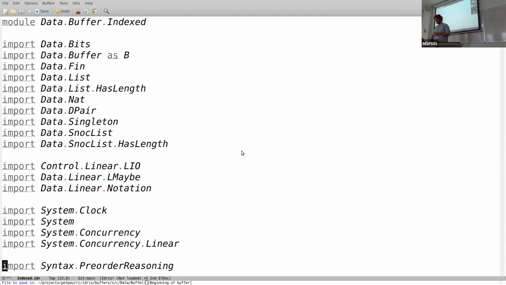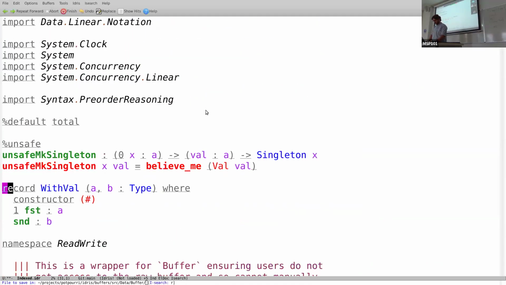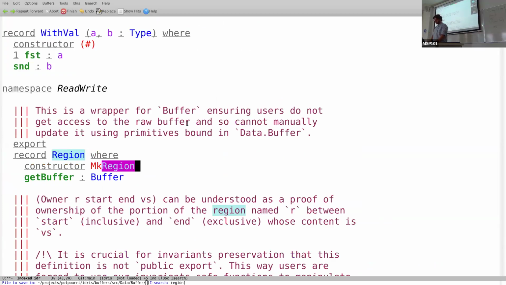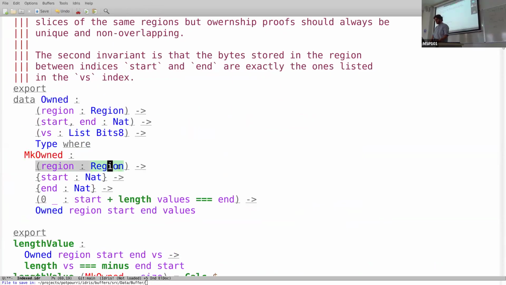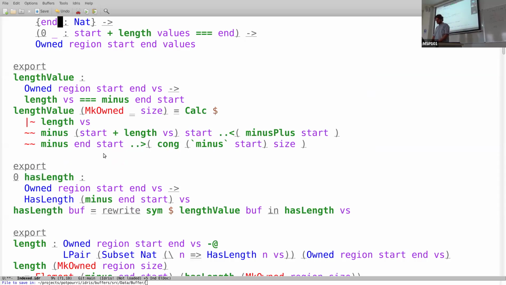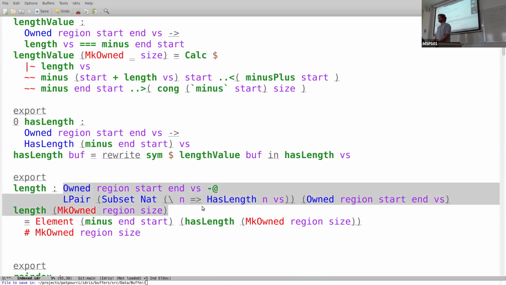Right, the open will turn into, so the region will just be directly a buffer and then owned. Oh no, owned will be a record actually because I've packed these two in. Because it's a bit annoying to have to explicitly say, I only start at the end to be available for this operation, when in practice, all the combinations that you have will recompute the start and the end for you. So this makes it possible to write like this function.